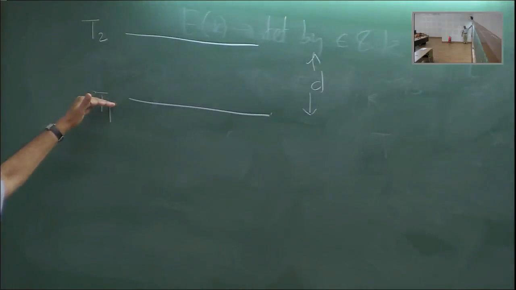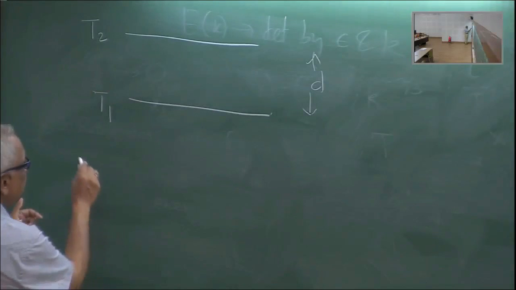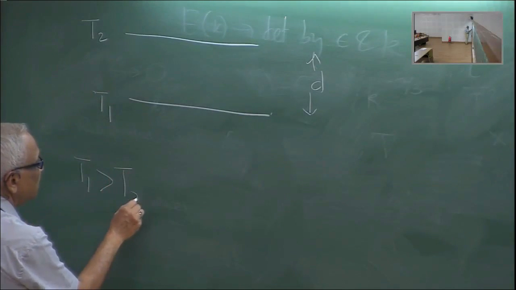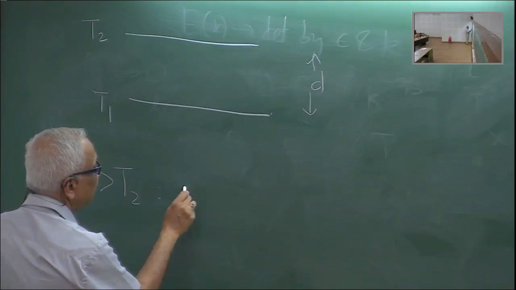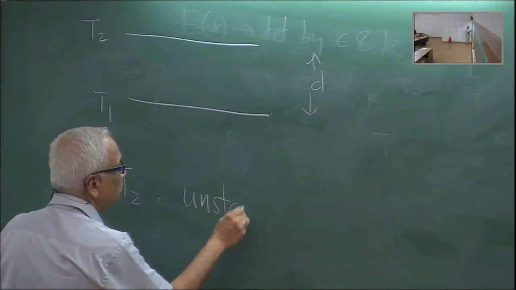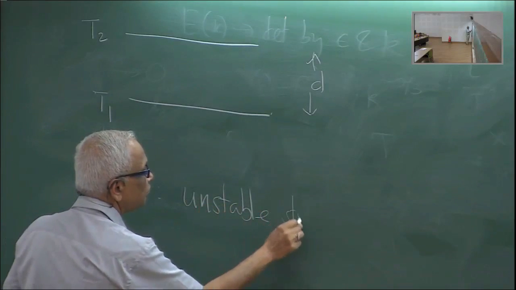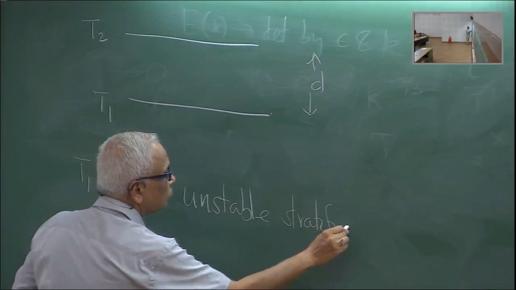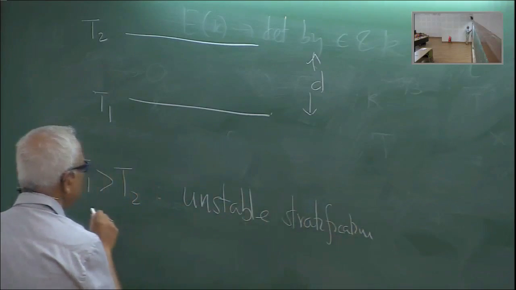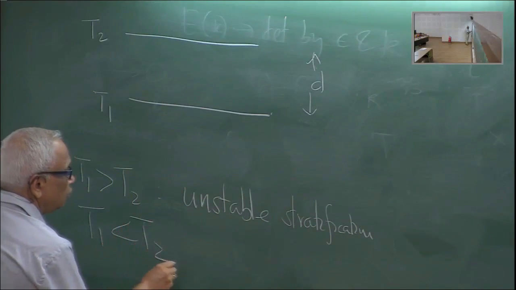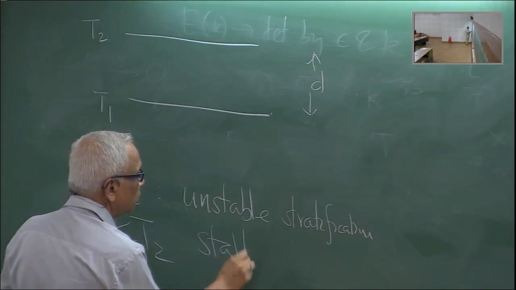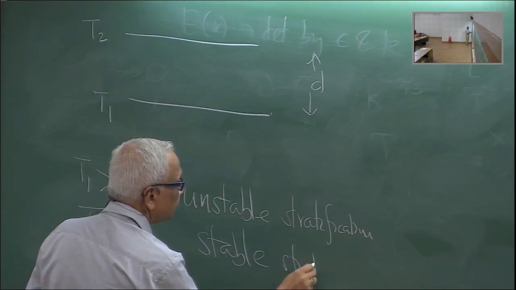So this is at T1, this is at T2. If T1 is greater than T2, then you have unstable stratification. And if T1 is less than T2, you have a stable stratification.